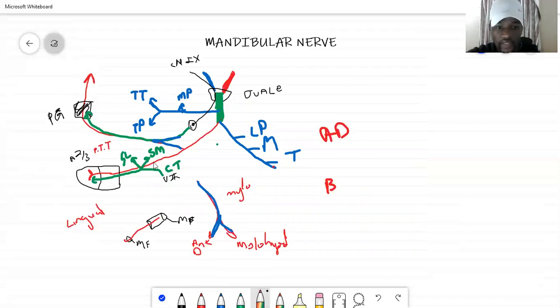Because your lingual nerve is very close to your last molar. So if maybe you go to a dentist and somehow, but that is unlikely, when they are removing your last molar, they disturb or cut the lingual nerve by mistake.